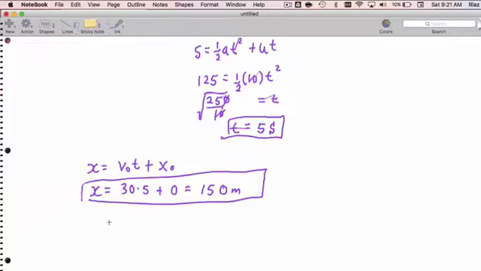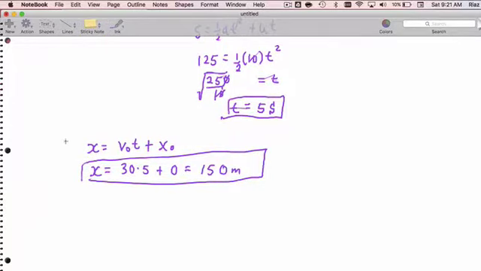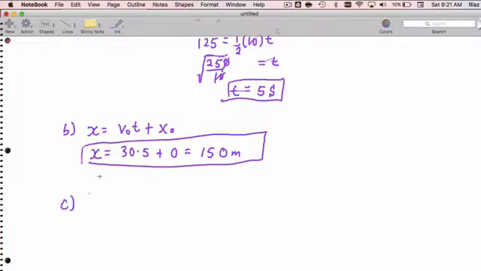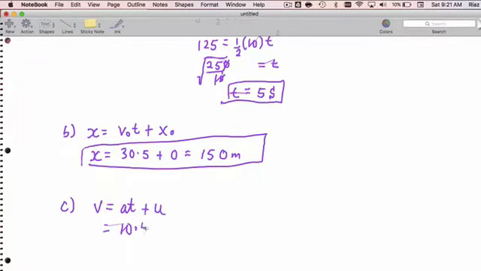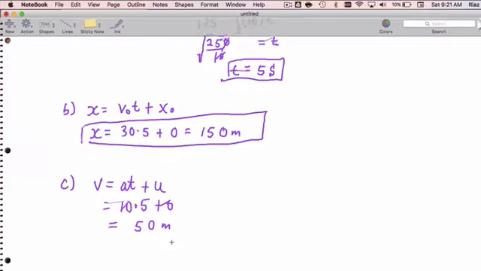All right. Now, for part C, let's get the speed in the vertical direction when it hits the ground. That's going to be v equals at plus u, which is 10 times 5 plus 0, and that's going to be 50 meters per second. Now, one thing I want to note: when the object hits the ground, this is the speed it's going at.